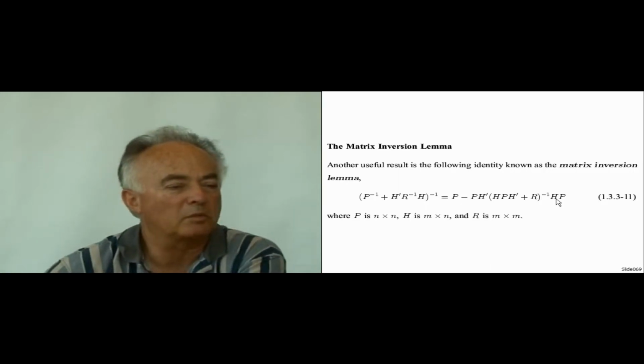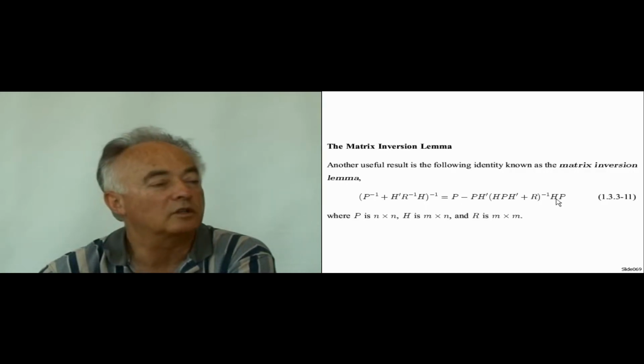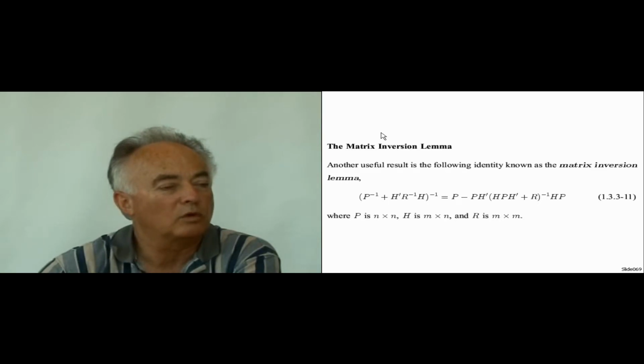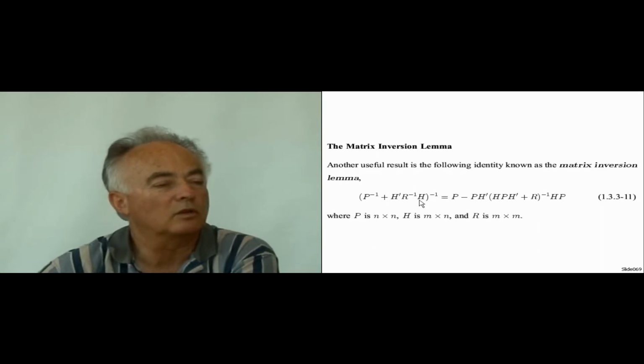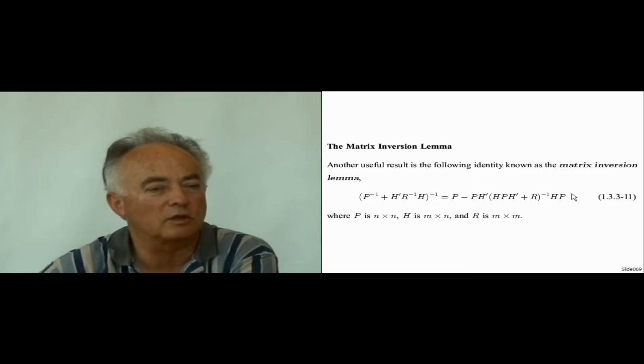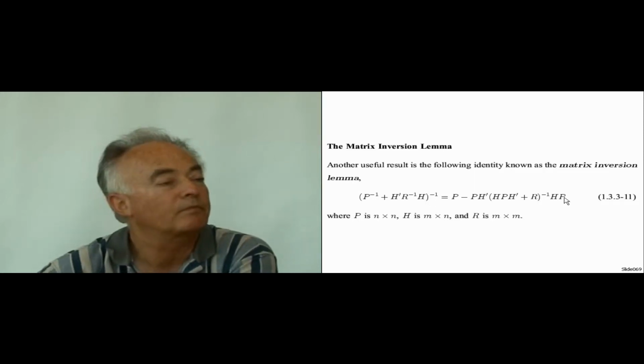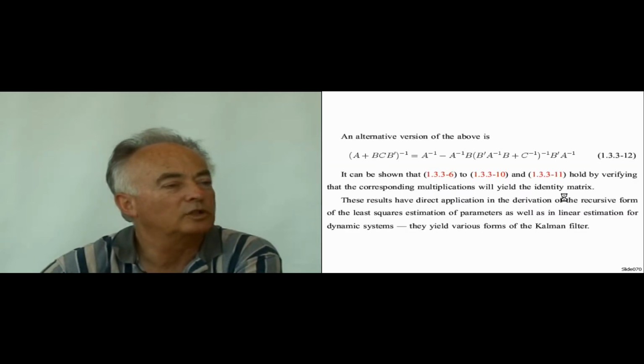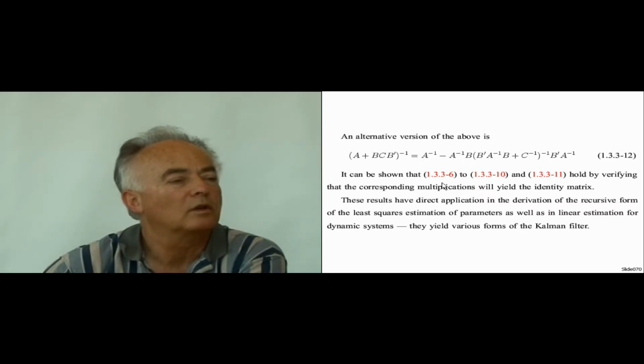Take the two forms, and you can see that the expression on the left-hand side in parentheses multiplied with the expression on the right-hand side should give you the identity matrix. There's an alternative form of this matrix inversion lemma given here, and again, the verification is quite straightforward.